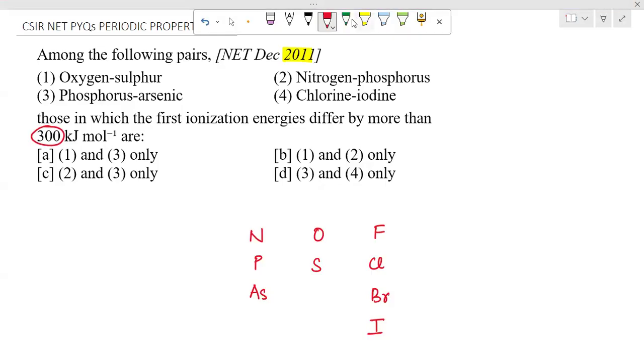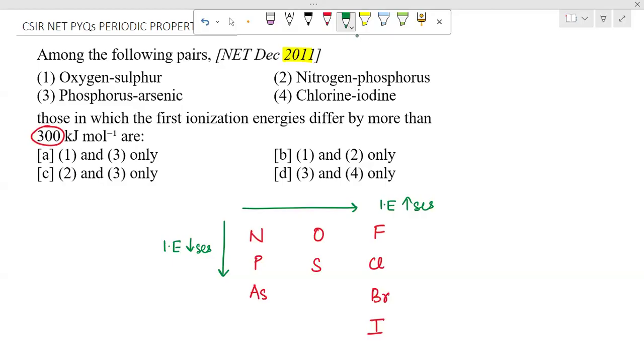Now the trend that we know is as we move from left to right, ionization energy increases. And as we move from top to bottom along a group, ionization energy decreases. Correct? This is something that we know. But how much does it decrease? That is important.